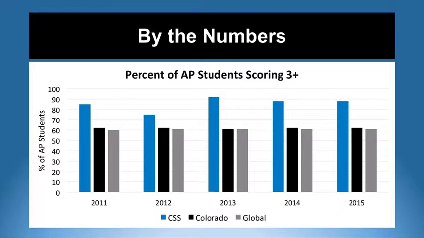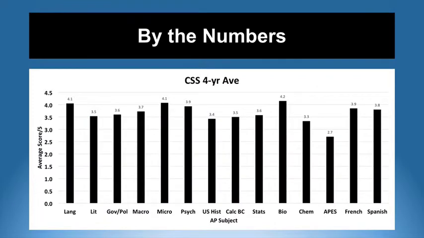And this graph shows that CSS has about 85% of our students who are taking AP courses score at least a 3 or better on at least one of those tests, compared to the Colorado state norm and global average here, where about 60% plus or minus of these students are scoring 3s or betters on at least one AP exam.